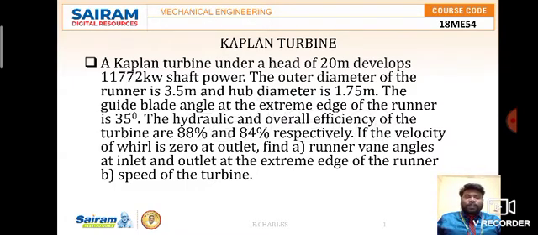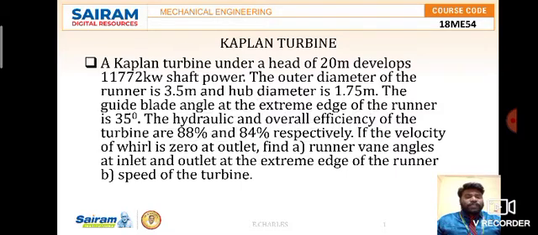So the nozzle angle will always be alpha 1. Guide blade angle means alpha 1, and alpha 1 is equal to 35 degrees. Next, the hydraulic efficiency eta H is equal to 88%, and the overall efficiency eta naught is equal to 84% respectively.